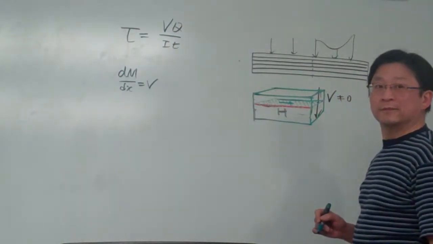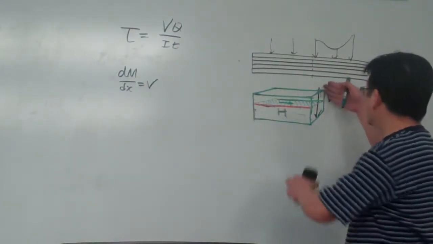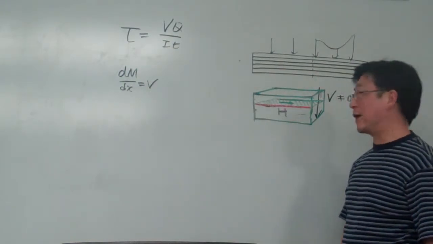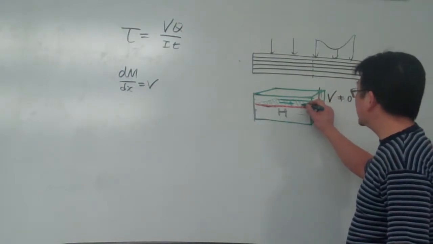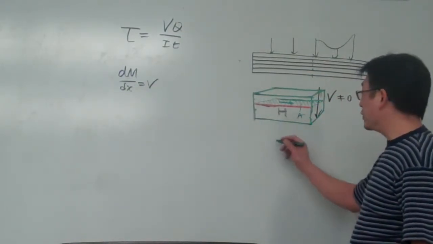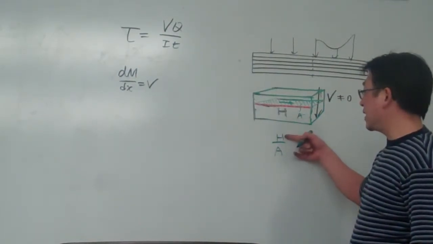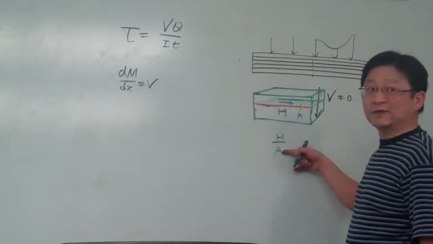Okay. So would H differ with the depth? Yes, H is different depth-wise. And for this, let me say this cross-sectional area is equal to A. Then we'll be able to calculate H divided by A. This H is a force, divided by area is a stress. What kind of stress?